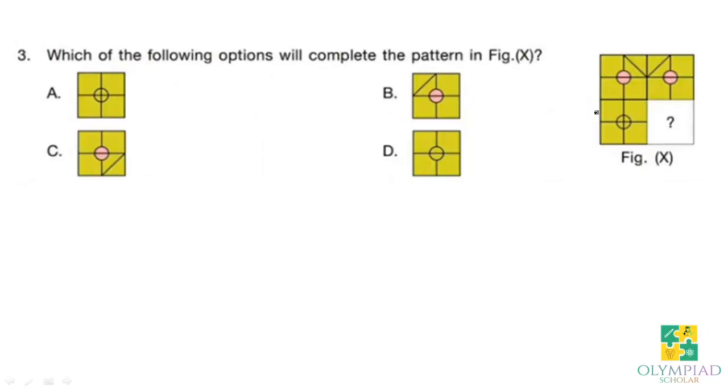The next question is, which of the following options will complete the pattern in figure X? This is figure X which is incomplete, and you can see the fourth part, the right bottom part, is empty. If you closely observe, this square is similar or equal to this one.